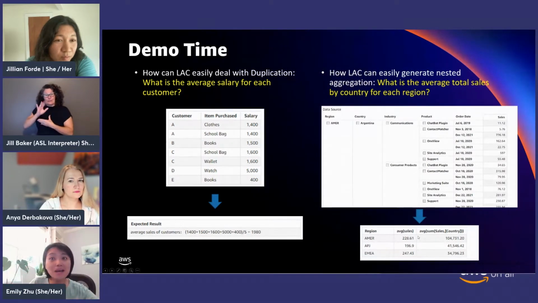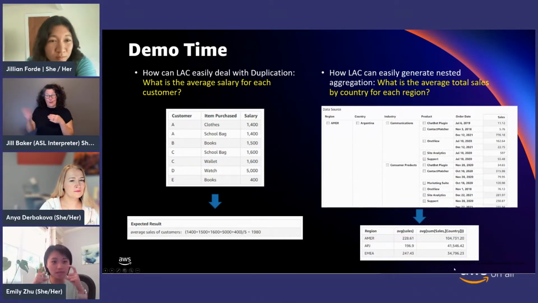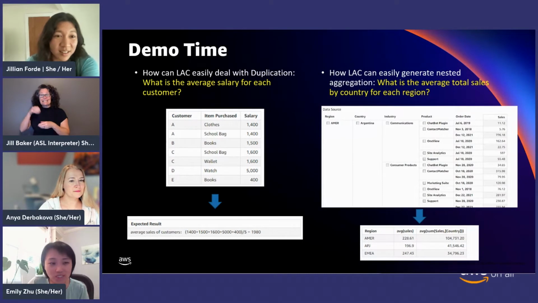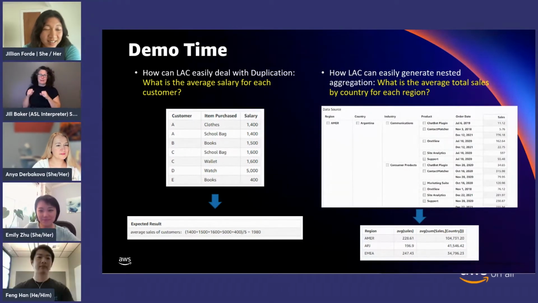Now I have some spoiler here, basically, and you can use a very simple calculation function written like that, and then bring that result directly into one small visual at the region level. You don't even need to include country in this visual to be able to calculate anything at the country level and bring it to the visual. So Feng will demo in detail how we do this easily in QuickSight with this powerful capability. Thank you, Emily.